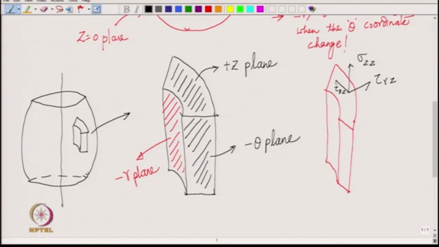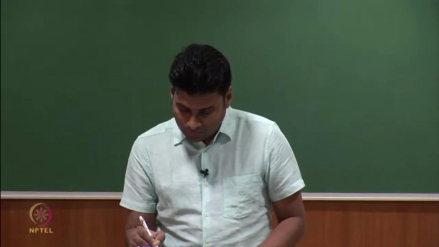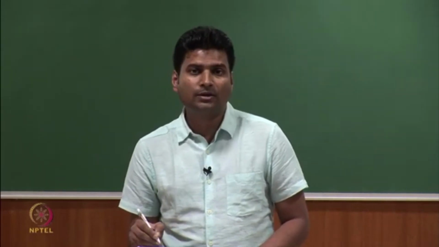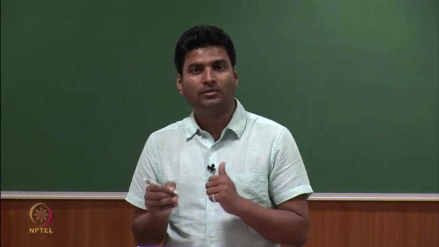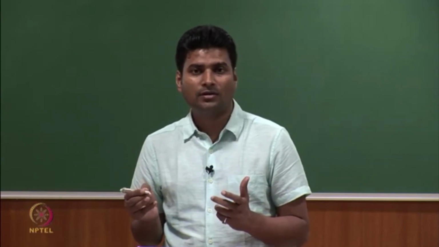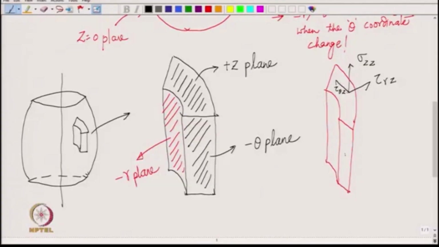Then on the theta plane, for example, the plane that we have here is the negative theta plane. So, all the traction components have to point in the negative basis direction, right. So, here for example, the normal component will be sigma theta theta pointing in the negative theta direction. So, we get sigma theta theta, then we will have tau z theta, the shear in the z direction.